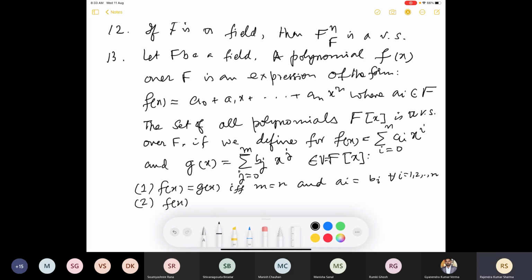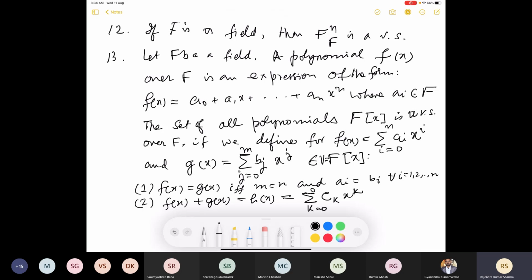Number two, f(x) plus g(x) is say h(x), where this is the sum of ck x^k.